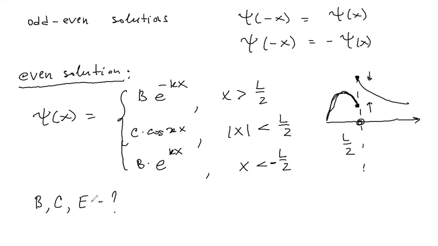So maybe all these three conditions would be enough to find energy and constants B and C. But also remember, I have to get many solutions. I have to get all possible energies and wave functions. So then somehow, when I write this condition for connecting these two wave functions, I'm going to get more than one solution. Well, let's see what's going to happen.